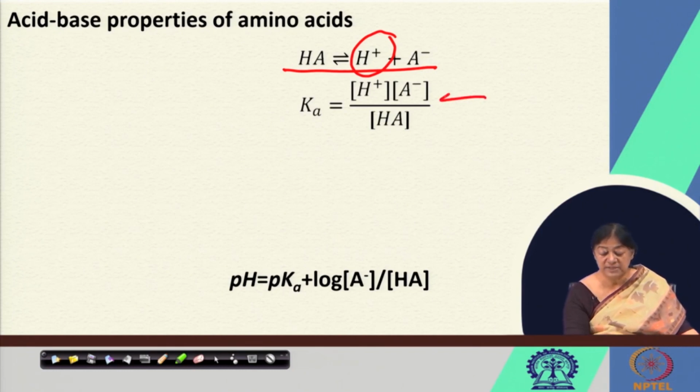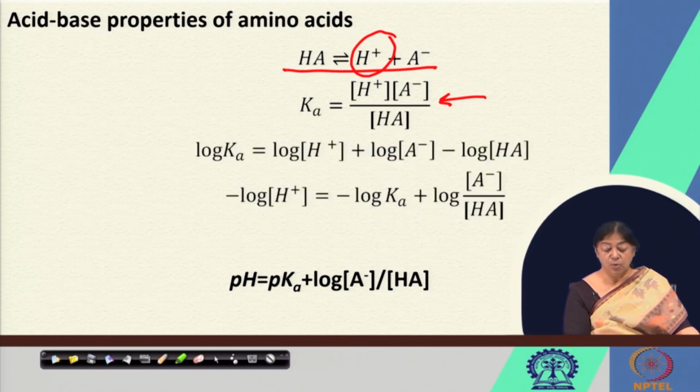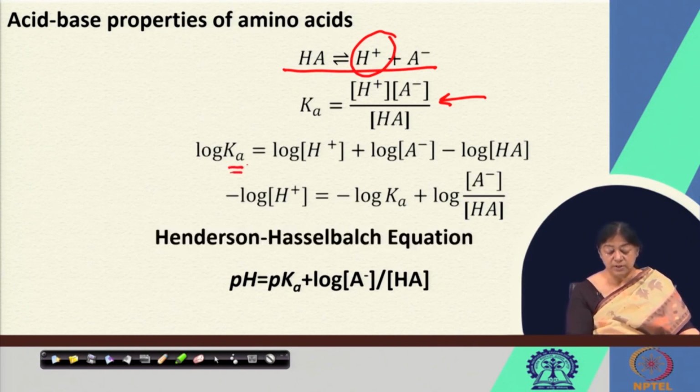Using the law of mass action in an equilibrium setting, we can find the Ka value, and from the Ka value we get the pKa value. With the concentrations of A-, the conjugate base, and HA, we can find out at a definite pH what this ratio is going to be.